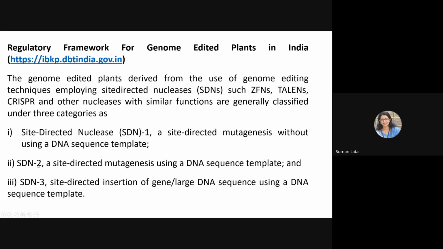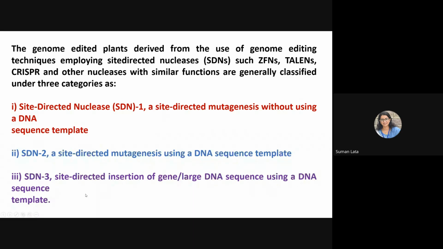So in SDN2, mutagenesis is created using a DNA sequence template, and in SDN3, insertion or deletion of the large DNA fragment is done using a DNA sequence template. So these are the 3 different kinds of categories.